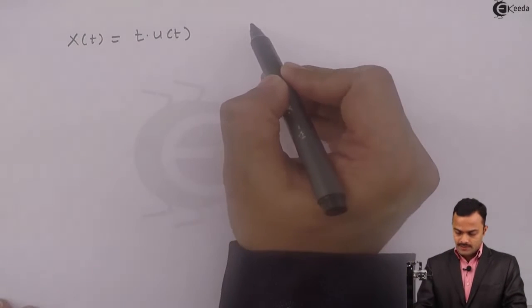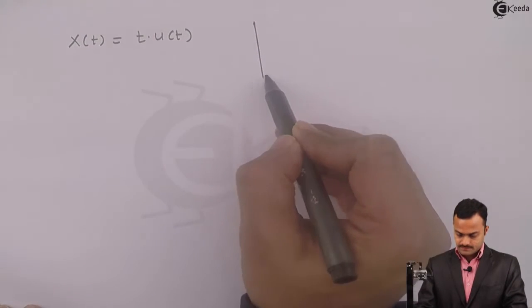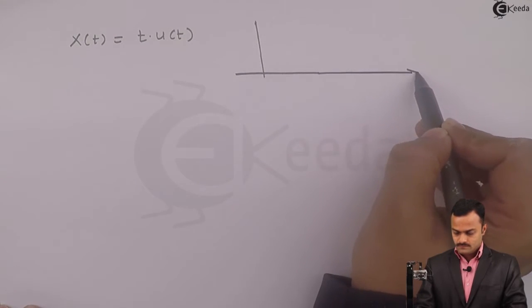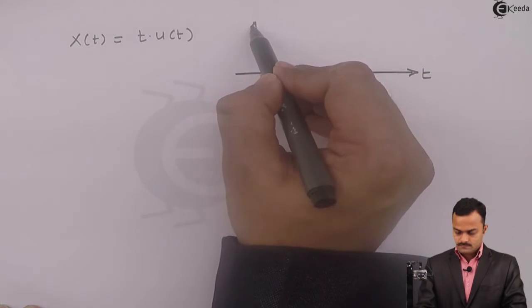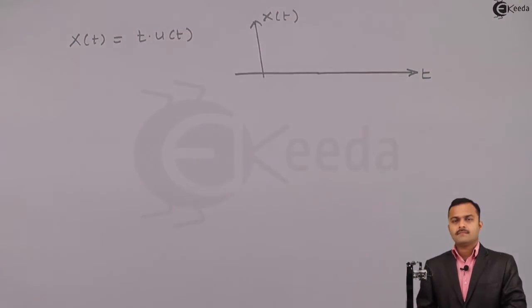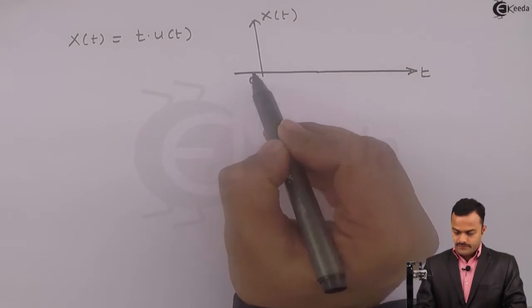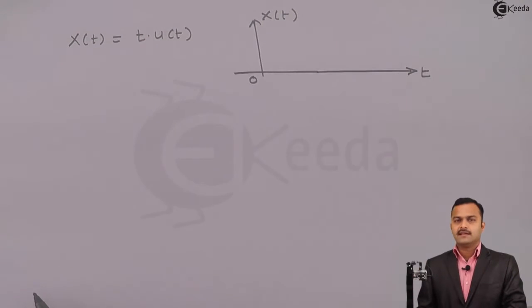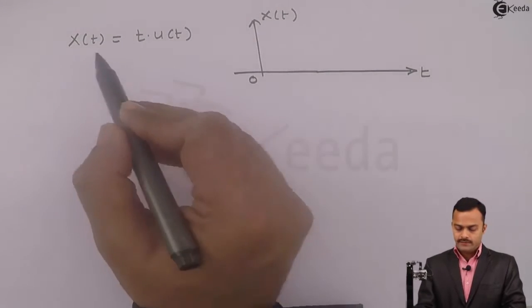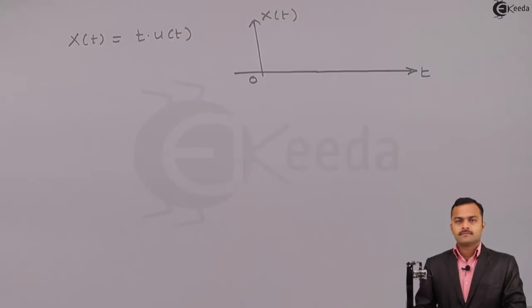So keeping this in mind, let's sketch it first. So 0 to infinity, in this region the signal exists. If I put t equal to 0, I will get x of t as 0.